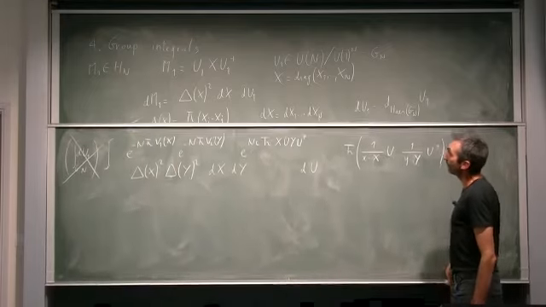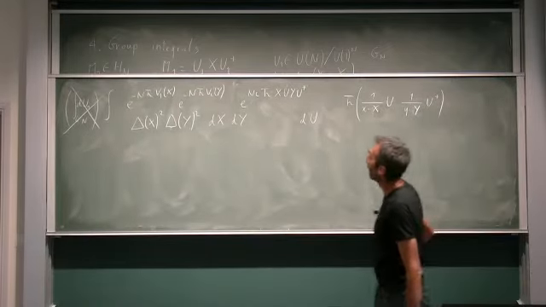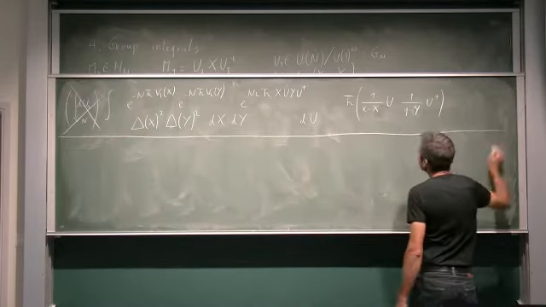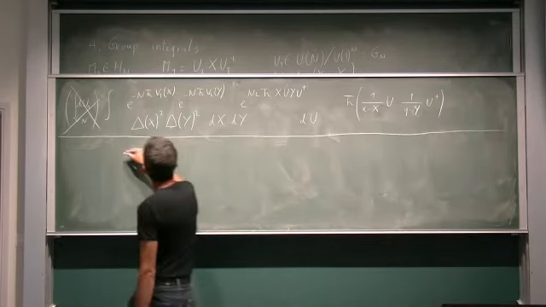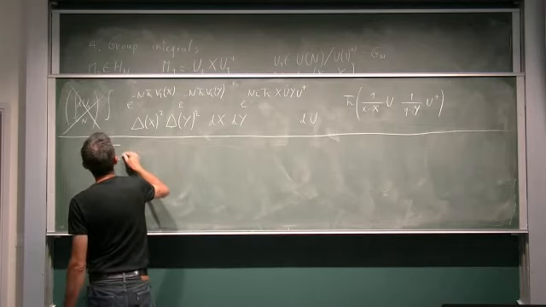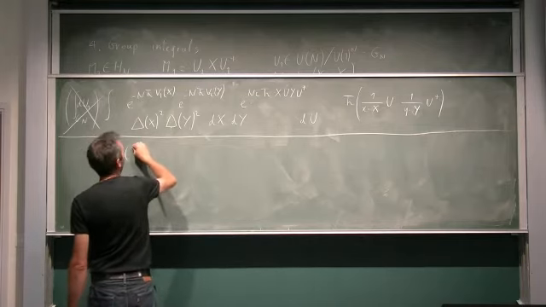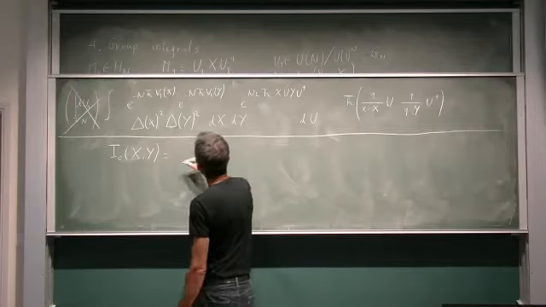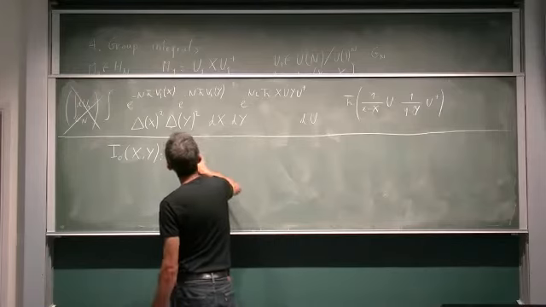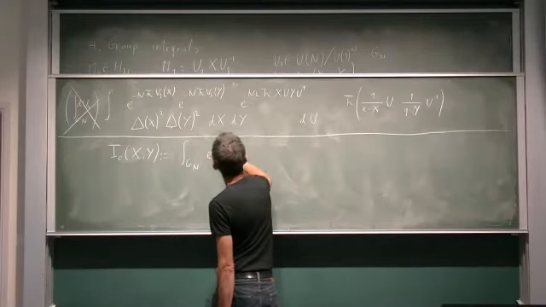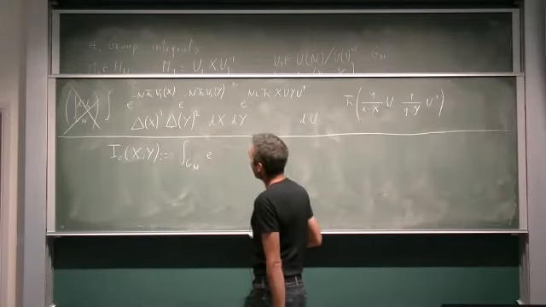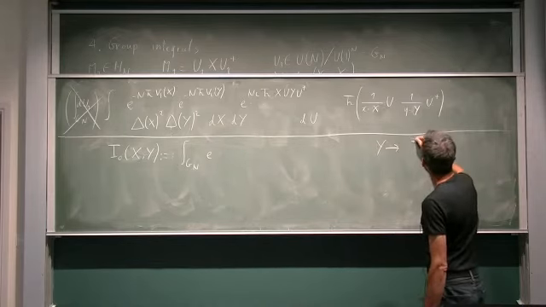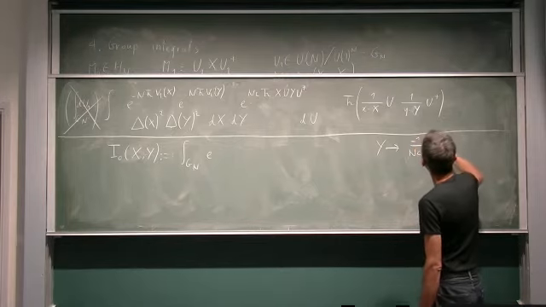Let me introduce the Harish-Chandra–Itzykson–Zuber formula. Let me define I0 of x, y, which are diagonal matrices, as the integral over Gn of the exponential. In fact, let me change y to minus 1 over nc y.